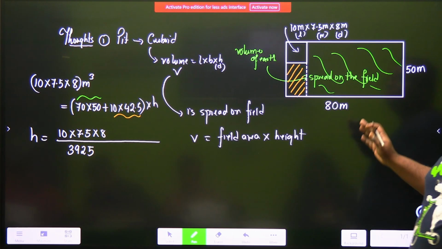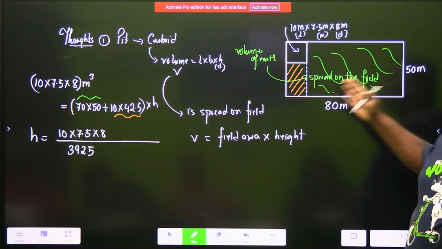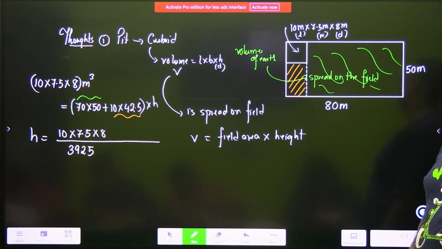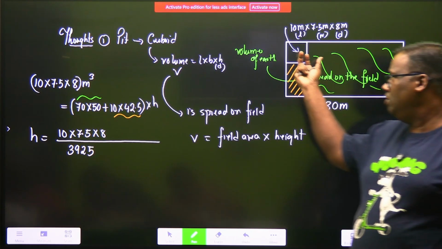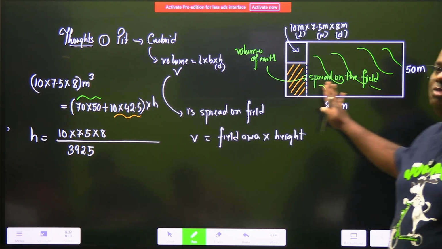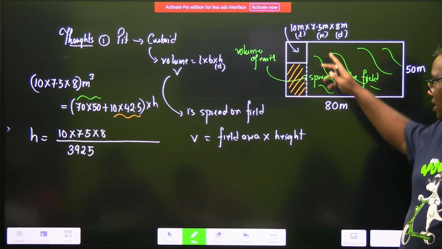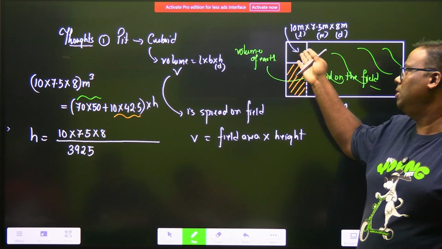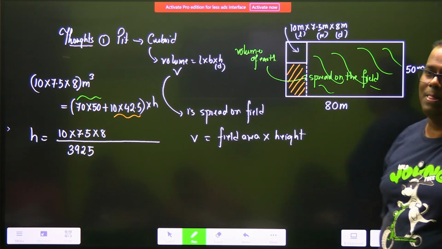You can do it on your own, but the thing is, there is a field. In this field, on one corner, which part did you not understand? Whatever volume of mud you have dug out, that mud you are spreading on the remaining part. But the remaining part is not a rectangle. It's a rectangle with a portion chipped off. On a pit, you can't spread mud, it will go inside.